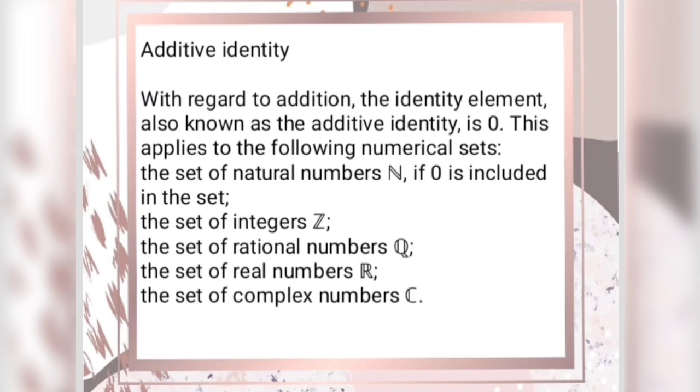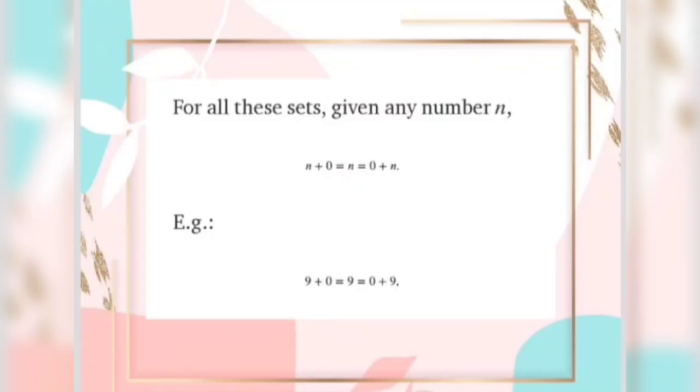This applies to the following numerical sets: the set of natural numbers N if 0 is included in the set, integers Z, the set of rational numbers Q, the set of real numbers R, the set of complex numbers C. For all these sets, given any number n, n plus 0 equals n equals 0 plus n. For example, 9 plus 0 equals 9 equals 0 plus 9.